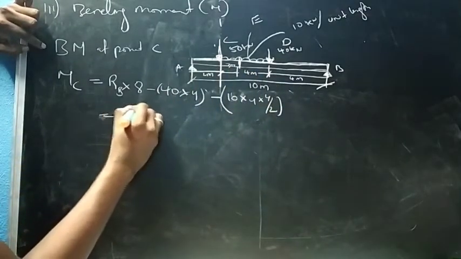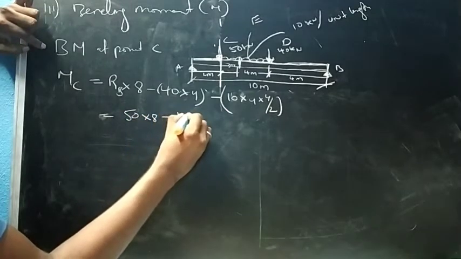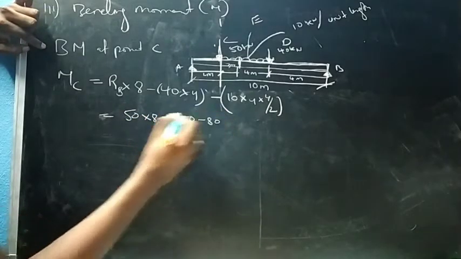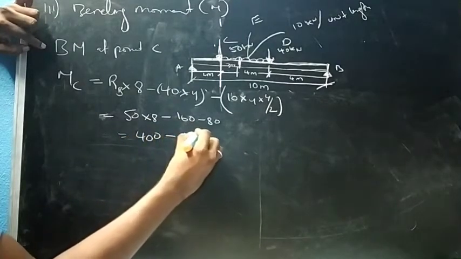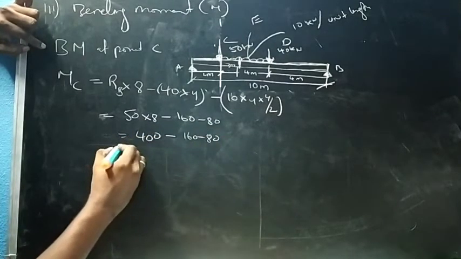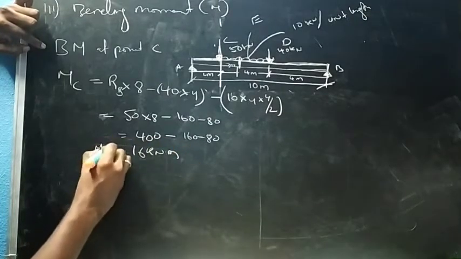So we know that RB equals to 50, into 8 minus 160 minus 80. So it will be 400 minus 160 minus 80, we will get 160 kilonewton meter at MC.